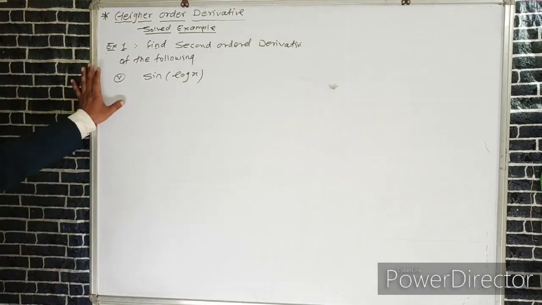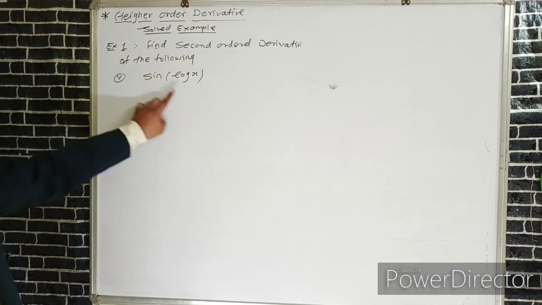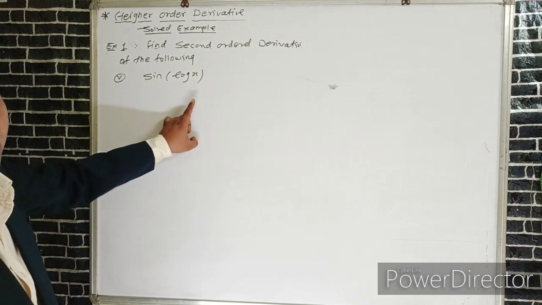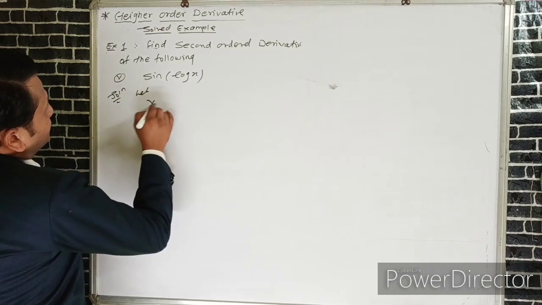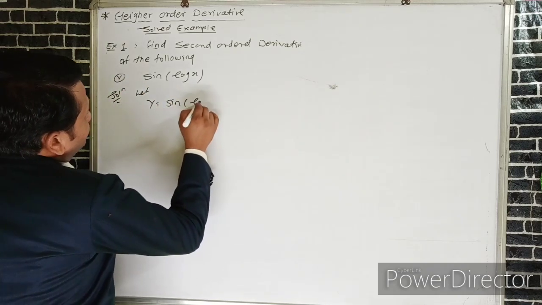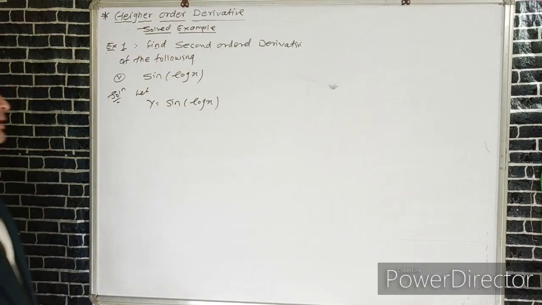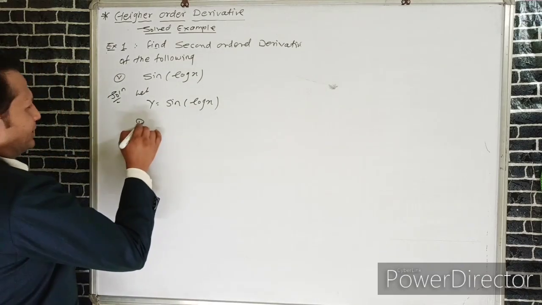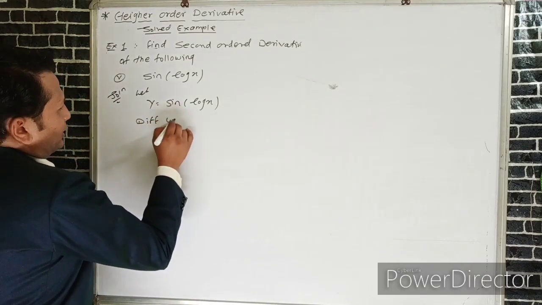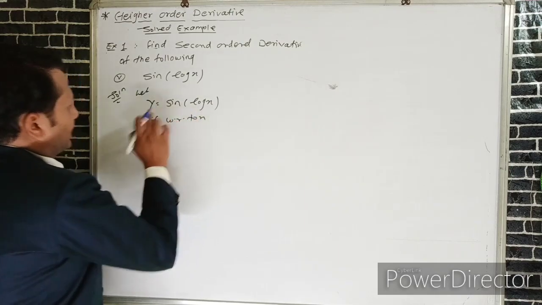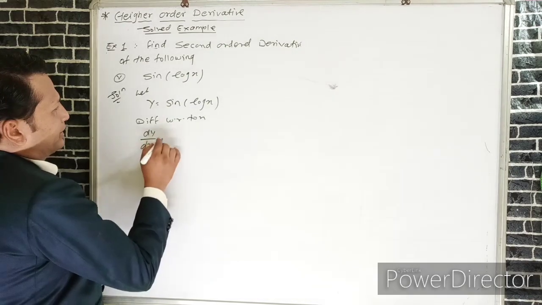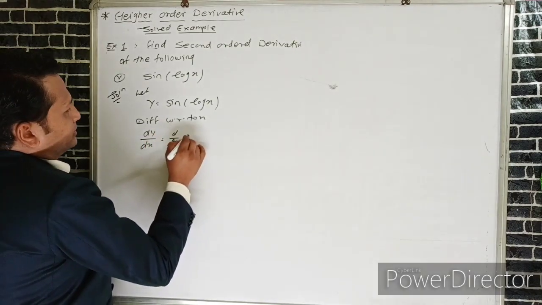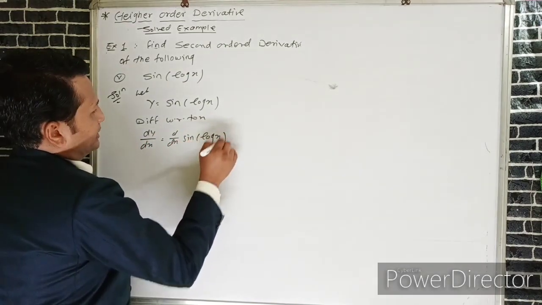Here again we have to find second order derivative and the given function is sine of log x. By the same condition, first we consider the given function y is equals to sine of log x. Now if we differentiate with respect to x, we get the derivative of y, which is dy by dx, and the derivative of sine of log x.